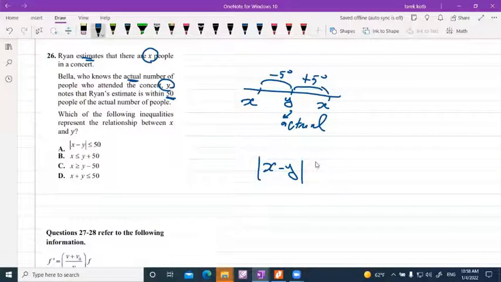This is the way to write this inequality. Because it could be Y plus 50 or Y minus 50. Because if you solve this inequality, you will find that it's either Y plus 50 or Y minus 50.